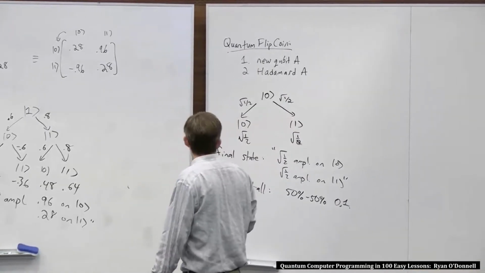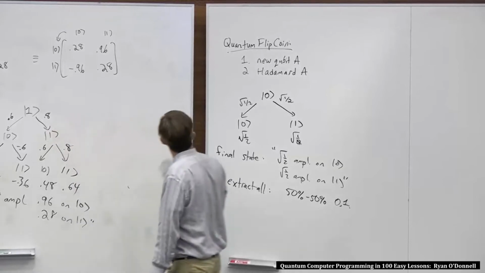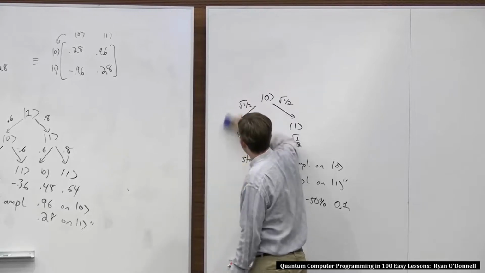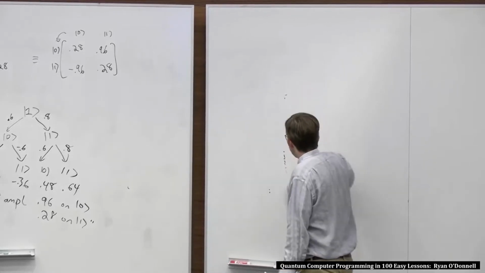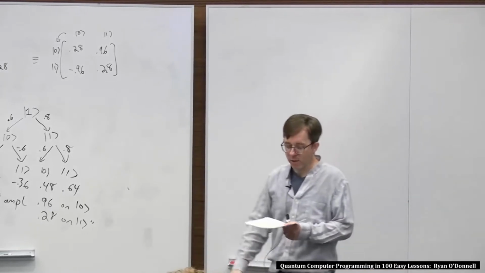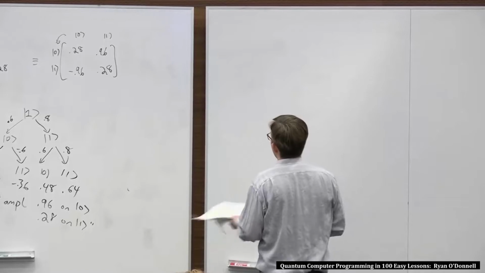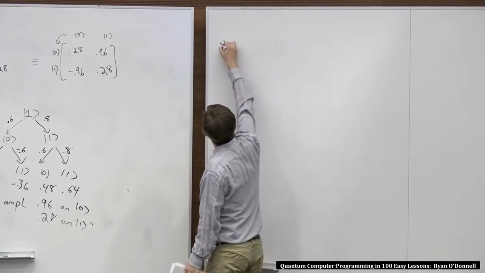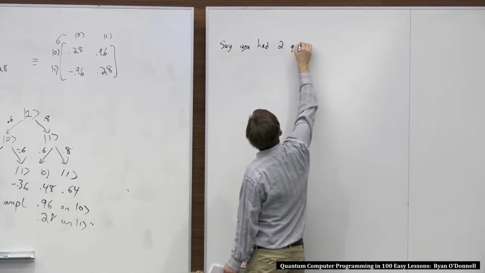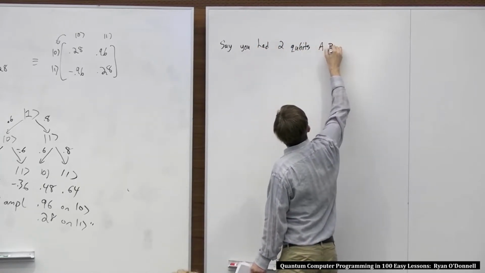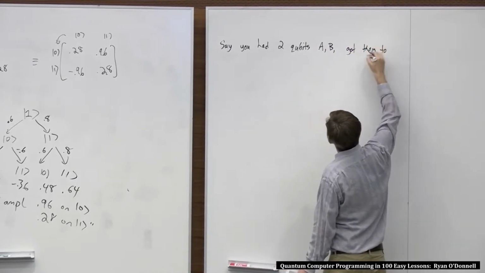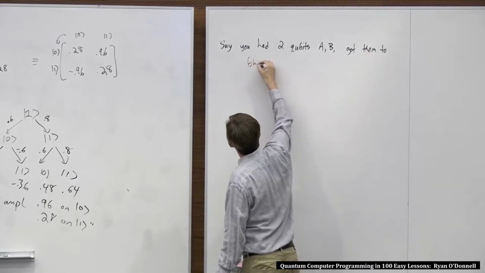Okay, I know this is going to be kind of calculational, but it's very good to practice calculations when you're just learning how all these things work. So I'm going to continue in a calculational way. I might ask you the following question. Say you had two qubits, A and B, and somehow you got them to this superposition state.